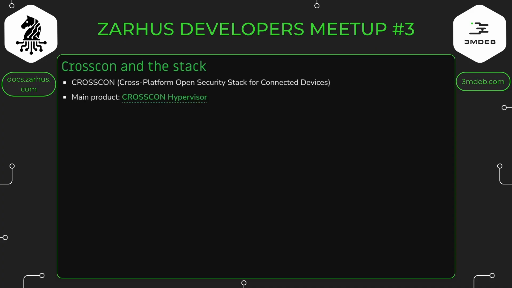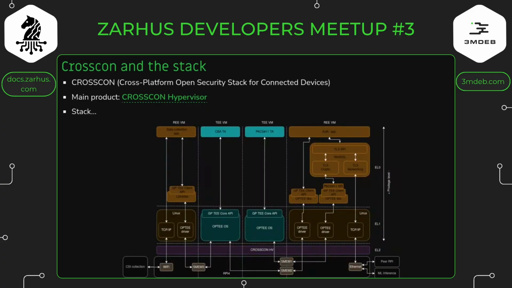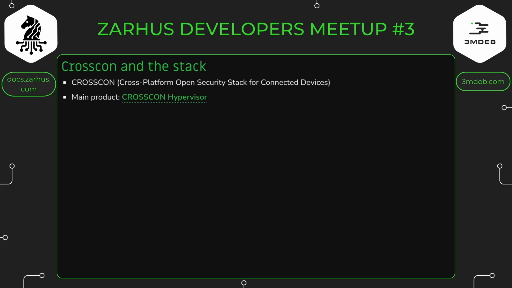And the main product of CrossCon is the CrossCon hypervisor. Before we discuss the stack, let's talk about CrossCon. It is a very lightweight hypervisor that can run both on devices like Raspberry Pi and even on MCUs, so basically microcontrollers, and I think that's really cool.